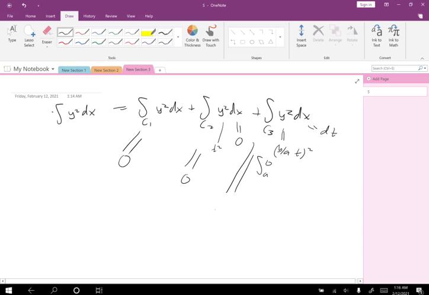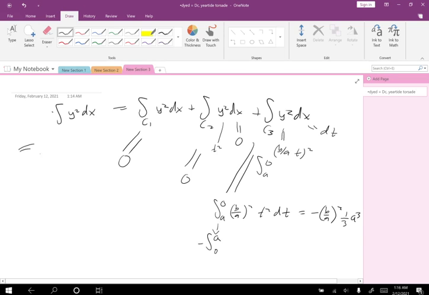So this last integral becomes the integral from a to 0 of b over a squared t squared dt, and I switched those limits to make it normal.